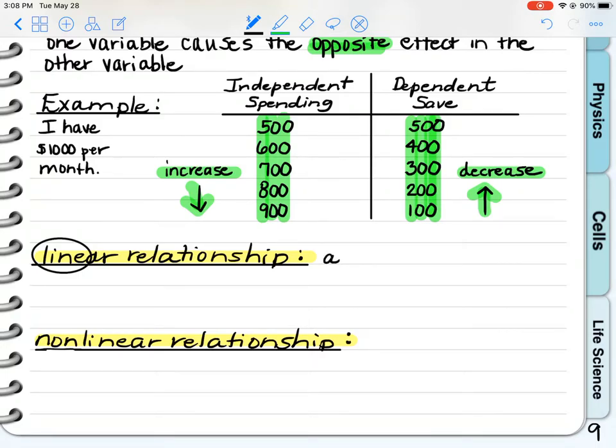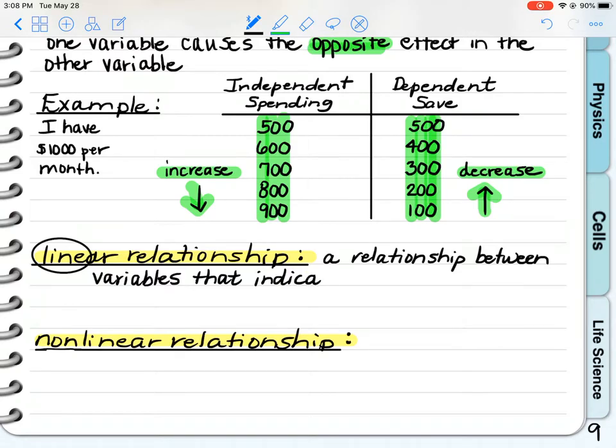A linear relationship is a relationship between variables that indicates a constant rate of change. And you'll see what I mean when I show you the pictures. A constant rate of change.